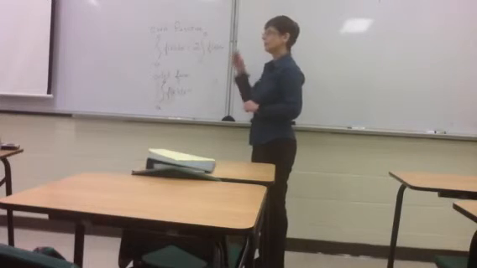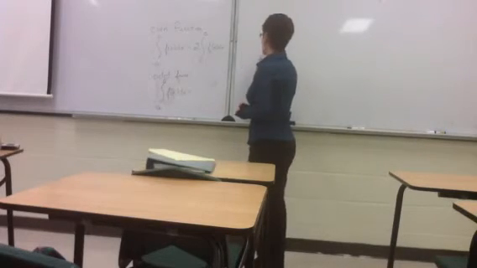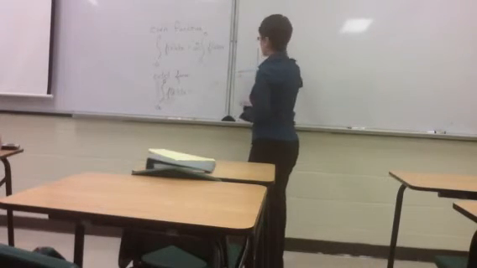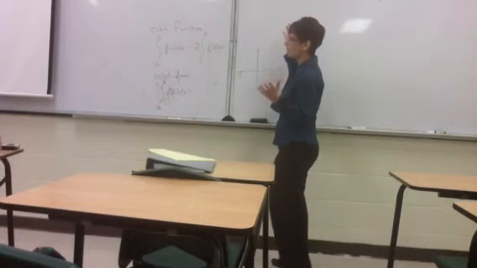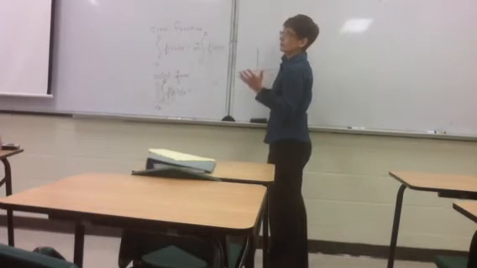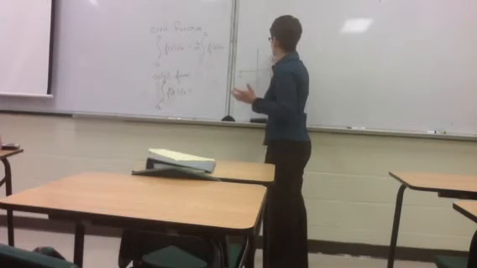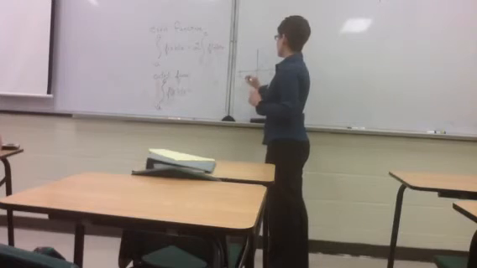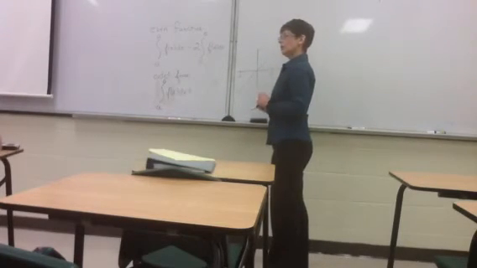Symmetrical to the origin. So if I'm going from negative a to a, the simplest odd function we know would be a linear one. That's odd. So we're going from negative a to a. What is that integral going to be?